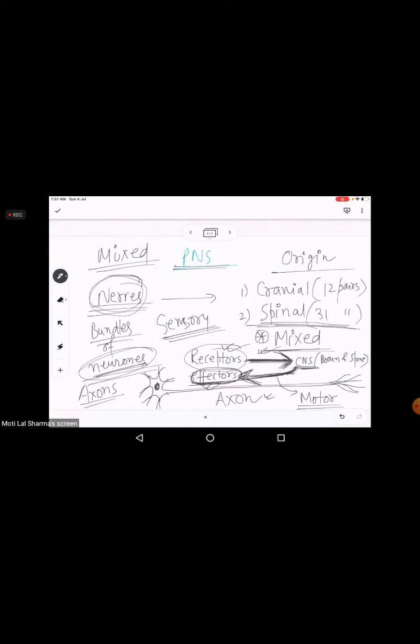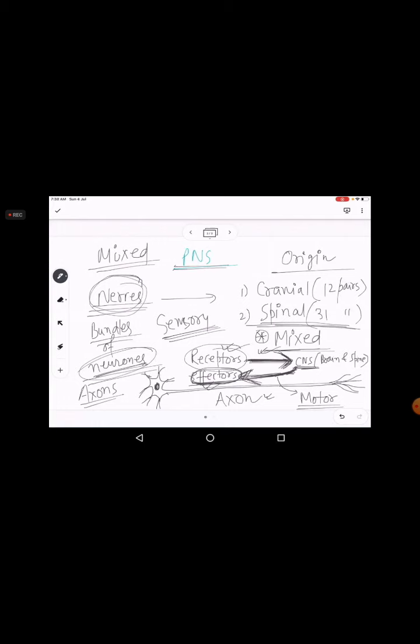The concept you have got: all 31 pairs of spinal nerves are of mixed type. So mixed type means those nerves have both sensory neurons transmitting impulses from receptors to the CNS, and also motor neurons transmitting impulses from the CNS to your effectors. So I think you now have a very good concept about spinal nerves: 31 pairs, all mixed type, can carry impulses in both directions, towards your CNS and away from your CNS.